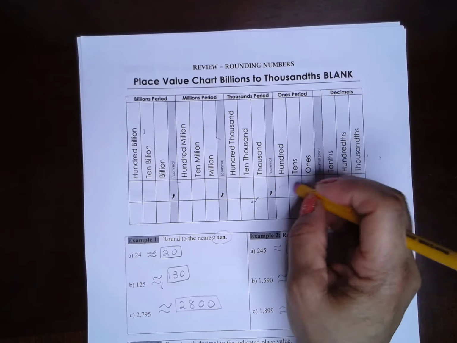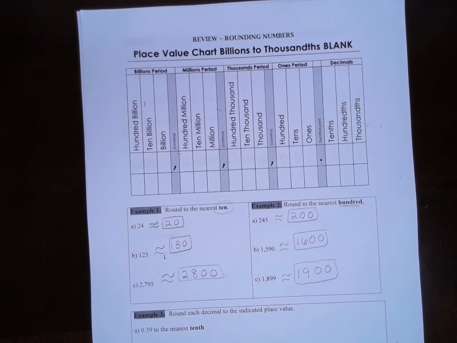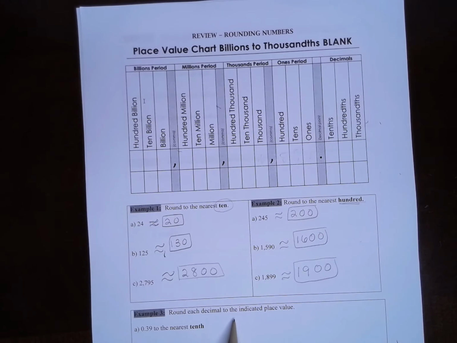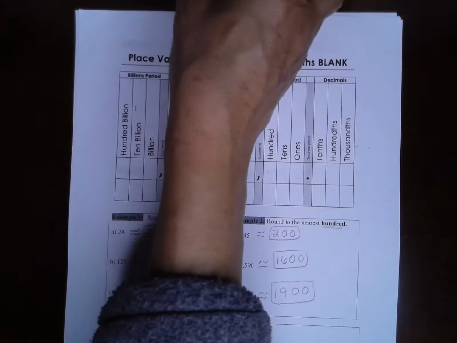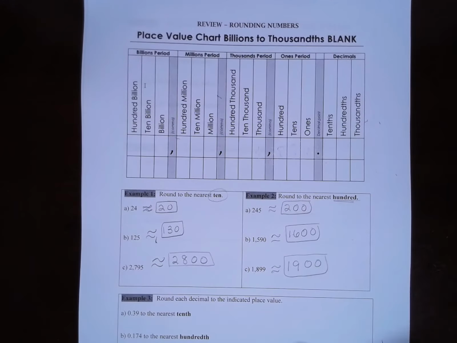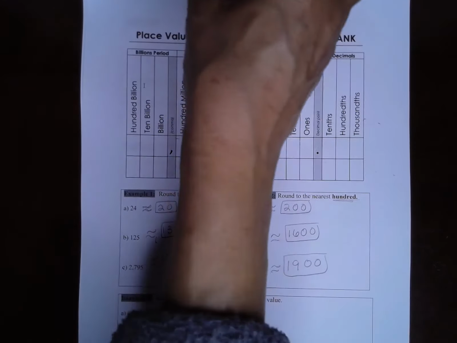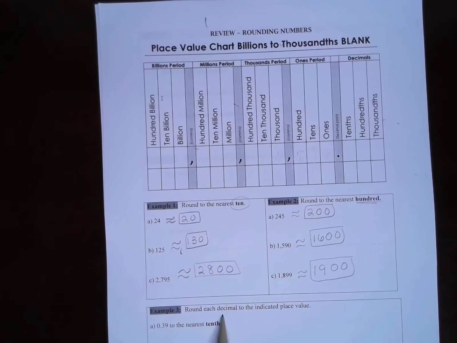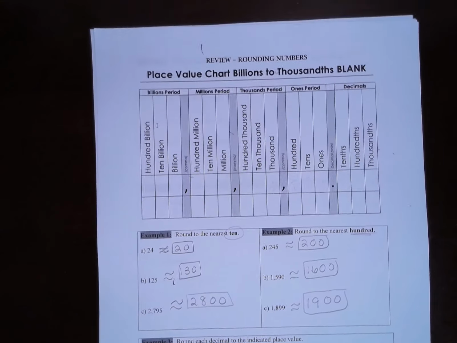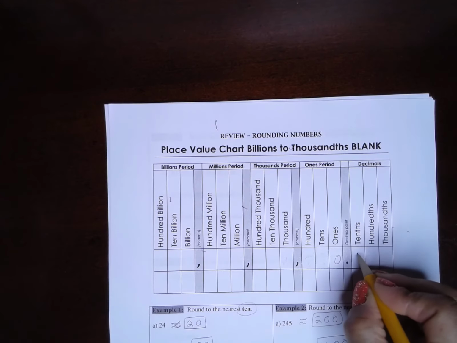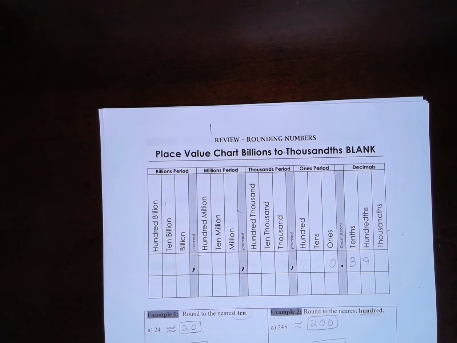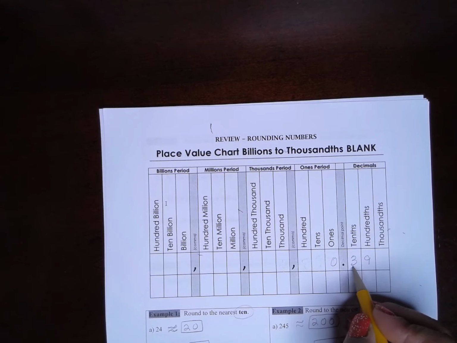Okay, so now let's look at the next part. It says round each decimal to the indicated place value. So part A here, it says round each decimal to the nearest tenth. This one will be 0.39 to the nearest tenth. The digit in the tenths place is a 3.